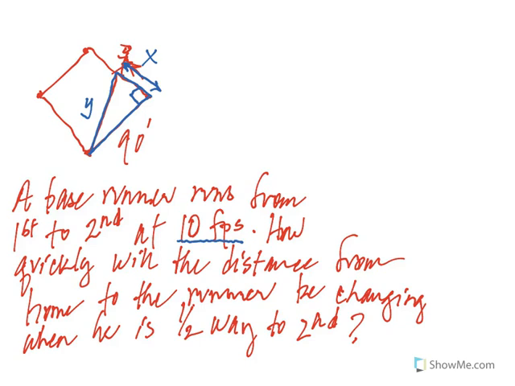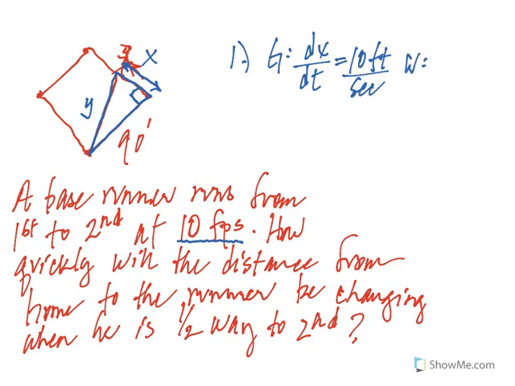So step number one, again, I want to write down the quantities that I am given. I am given, in this case, the rate at which x is increasing. And if you recall, in calculus, we call that dx/dt. That is literally the change in x over time. That is going to be 10 feet per second.